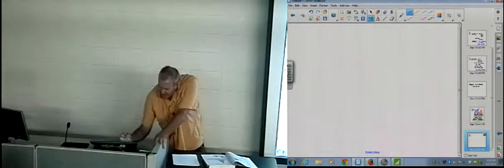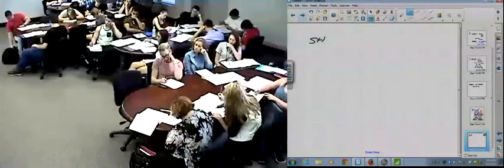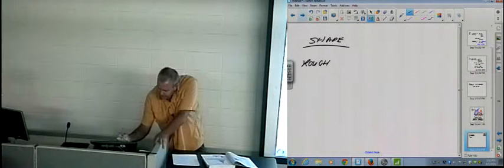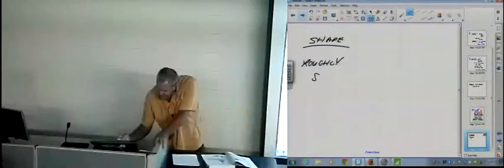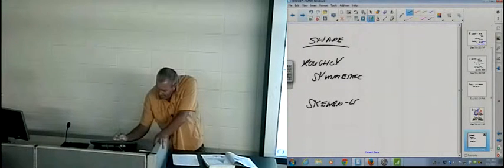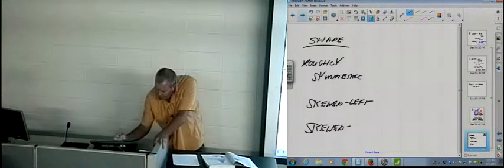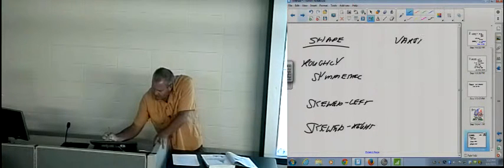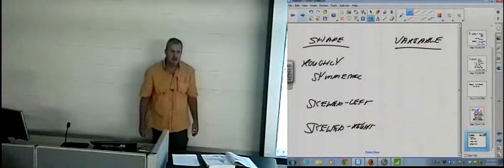I would like to think about the shape: roughly symmetric, skewed left, skewed right, and then I want to think about what variables can we measure that we would expect to see that shape in its histogram or its distribution.